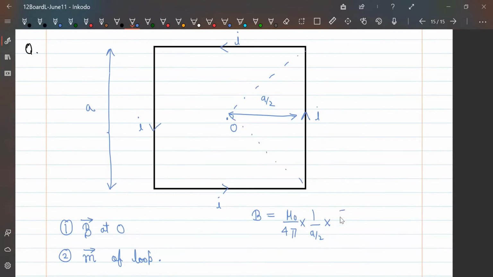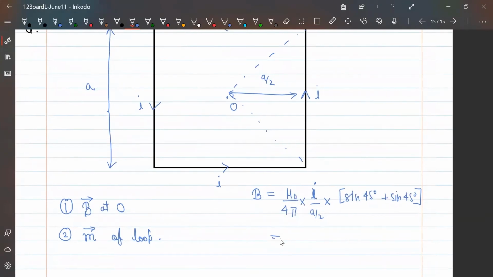So this will be sine 45 plus sine 45, and the current is I. Sine 45 plus sine 45 will be root 2. So mu naught by 2 pi into I by a into root 2.